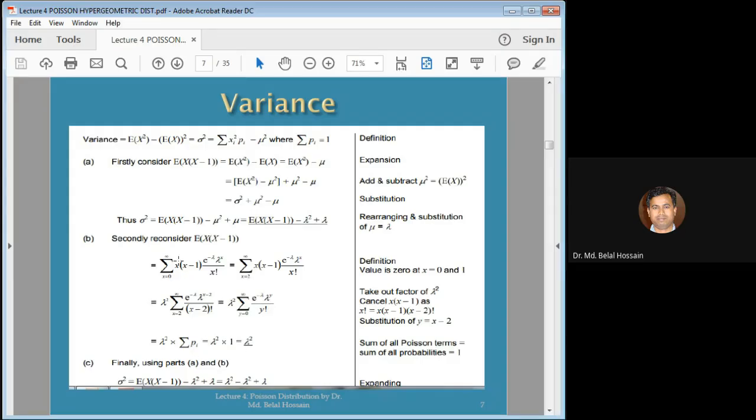So expected value of x into x minus 1 এর মান হলো lambda square.